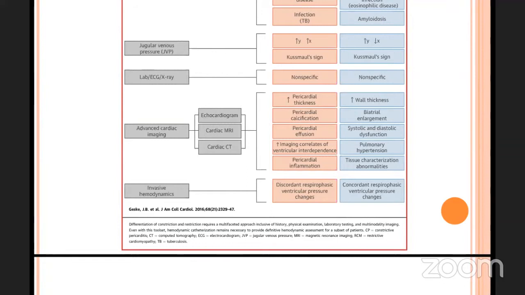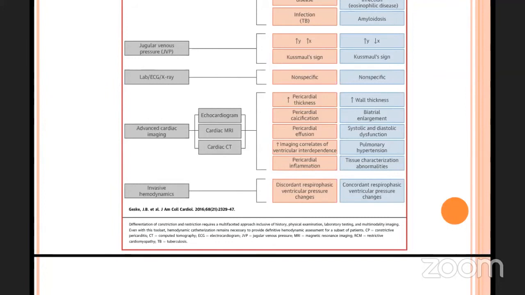So because the wall is stretched, there is release of NT-proBNP in restrictive cardiomyopathy, and there is no stretch of the wall in constrictive pericarditis. That's why there is no release of NT-proBNP. In short, if the NT-proBNP is elevated during a diagnostic evaluation, you need to think that the patient has restrictive cardiomyopathy rather than constrictive pericarditis, assuming that there is no chronic kidney disease.